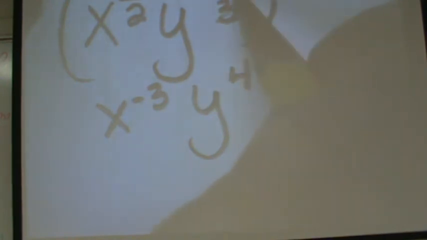And for these two, 3 goes into 6 2 times, but the negatives cancel. So this is going to be y to the 4th power. 2 times -2 times -2 is 4. So now all you'd have to do here is get rid of this negative exponent, make this y to the 4th over x cubed.